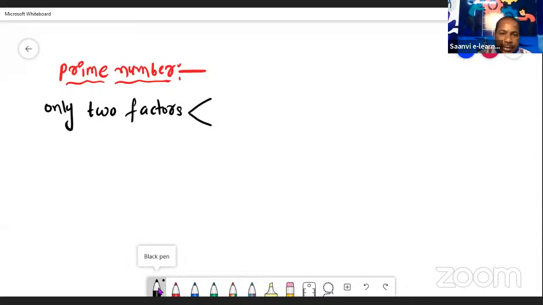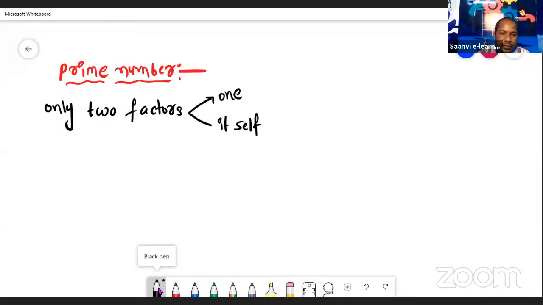So what are the two factors? 1 and itself. It means if a number has only two factors, and those two factors are 1 and itself, then that number is called a prime number.